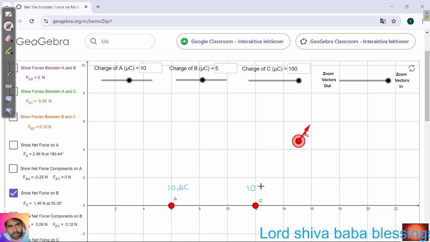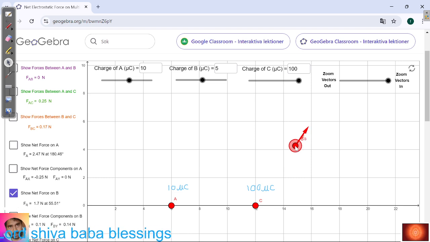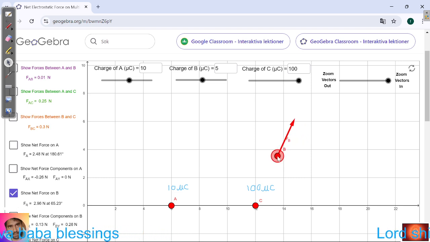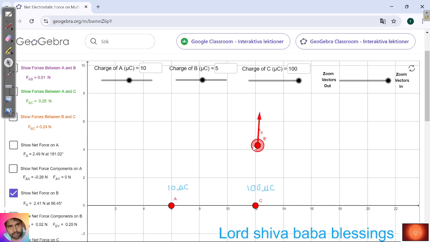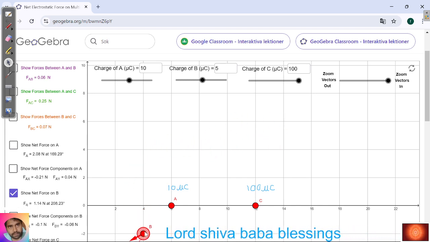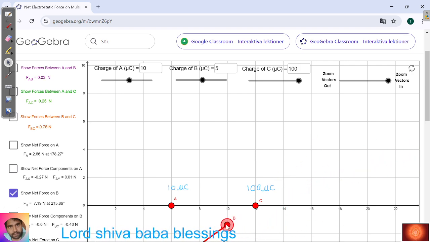Now I am trying to bring another charge and find the null point. The null point is the point where it experiences no force. All over here it is experiencing some force. There has to be some place where it experiences no force.